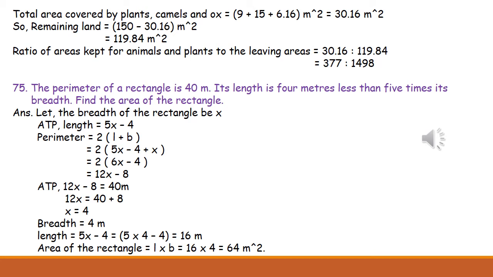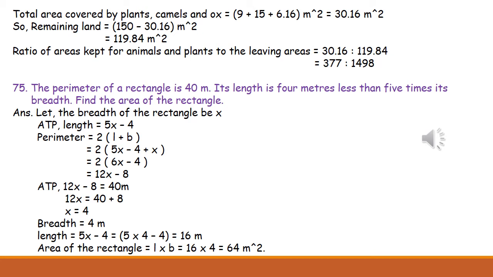Okay. So perimeter formula is 2 into (L plus B). So 2 into (5x minus 4 plus x), that is 2 into (6x minus 4). So if I multiply, 12x minus 8 will be coming. Alright. So according to the problem, it is said that the perimeter is 40 meter.